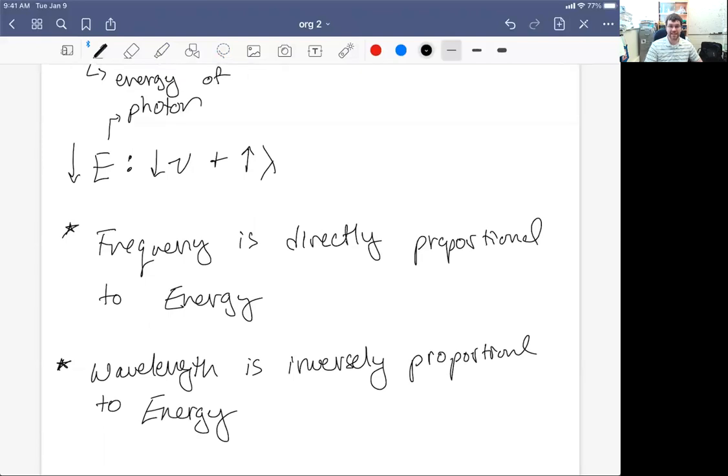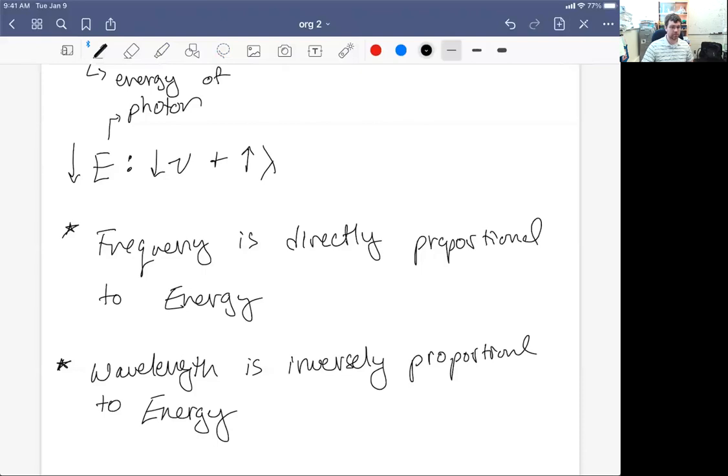So what this means is if you're getting bombarded by high energy photons, they have a really tiny wavelength and a really high frequency. We're going to see a lot more periods per second. But if you're going to get attacked by a photon with the longest wavelength ever, you're barely going to feel it. These long wavelength, low frequency waves are very low in energy.